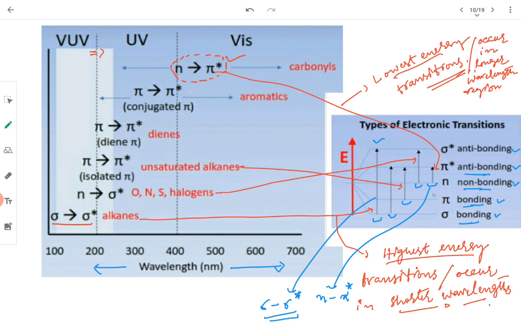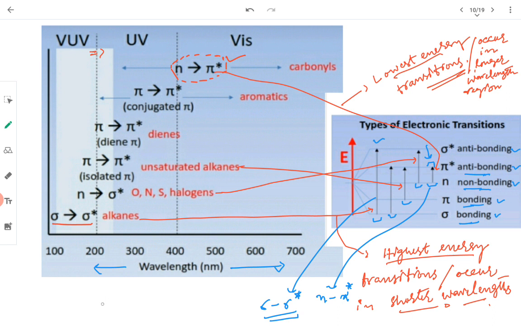On the other hand, this transition here, which is the n to pi star transition, the energy gap is the lowest among these transitions, so these transitions occur in the longer wavelength region.